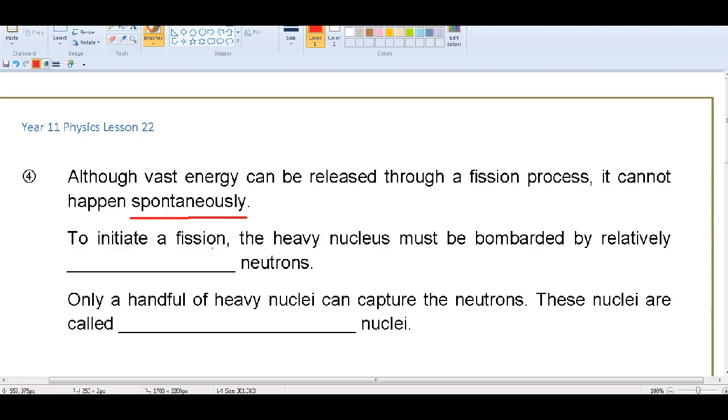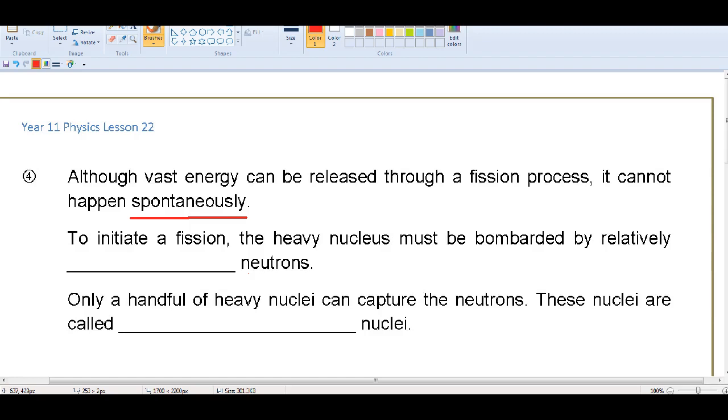To initiate a fission, the heavy nucleus must be bombarded by relatively, okay, what kind of neutron? Relatively fast or slow? People might think fast will be better because it's more energetic, but actually it's wrong, because when the neutrons are too fast, the uranium can't capture the neutrons.